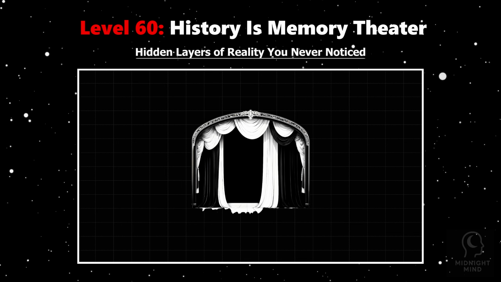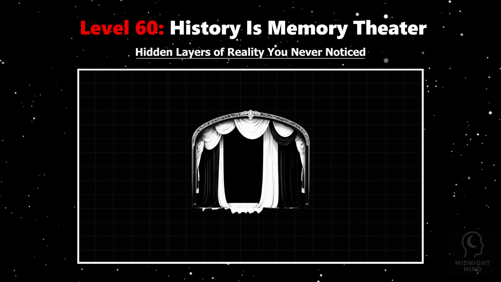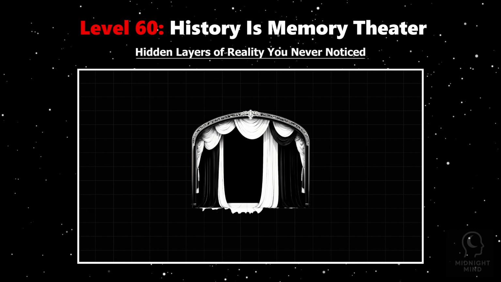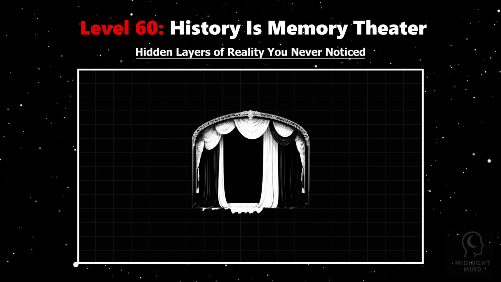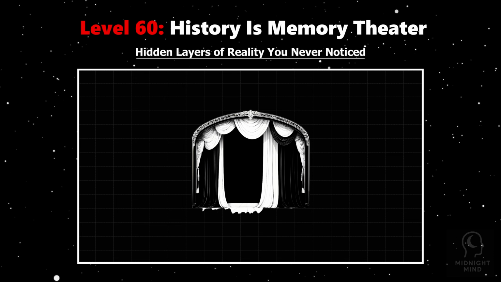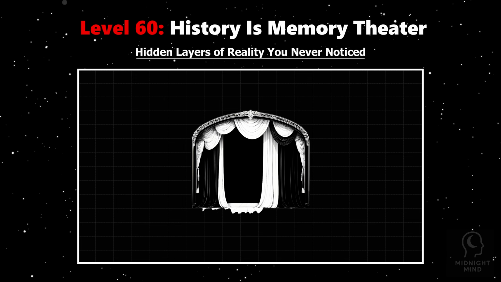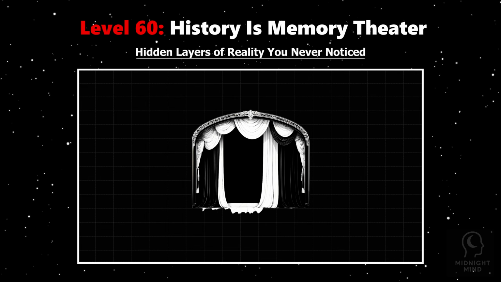This realization challenges your trust in historical facts, revealing history as a living, evolving performance where truth dances with fiction. Understanding this invites deeper critical thinking about the past and your place within its ongoing narrative, reminding us that history is less a record and more a stage, where memory, power, and identity play eternal roles.